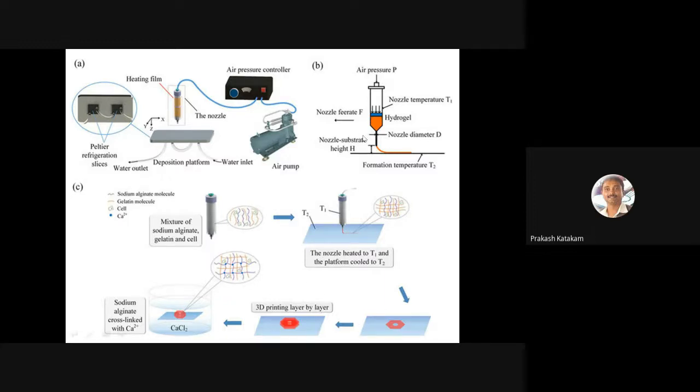So what they did here, they maintained the air pressure, temperature, all those things. Then they put it in a syringe, and that syringe maintains two temperatures. One is a syringe temperature, and at the bottom another temperature, so the platform will have another temperature.